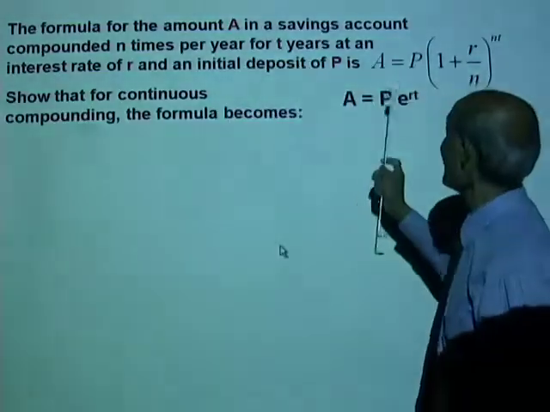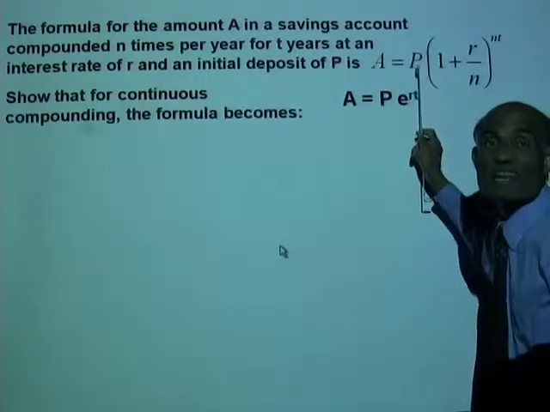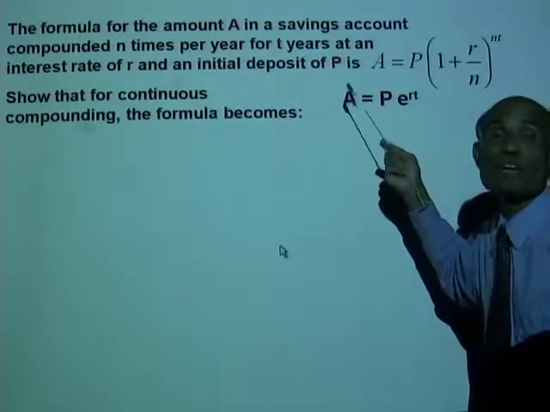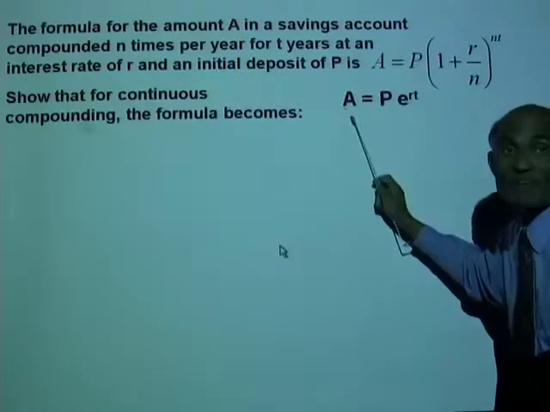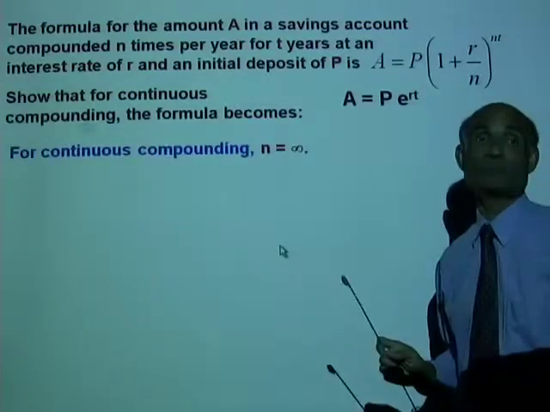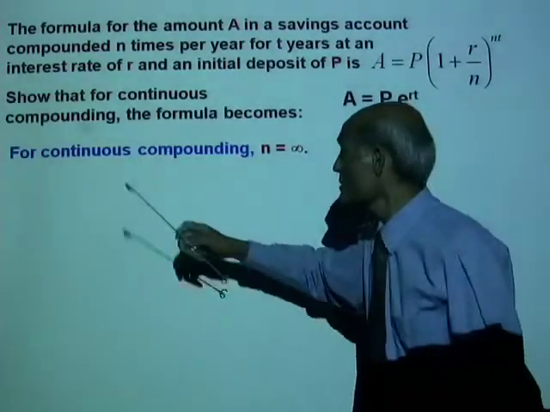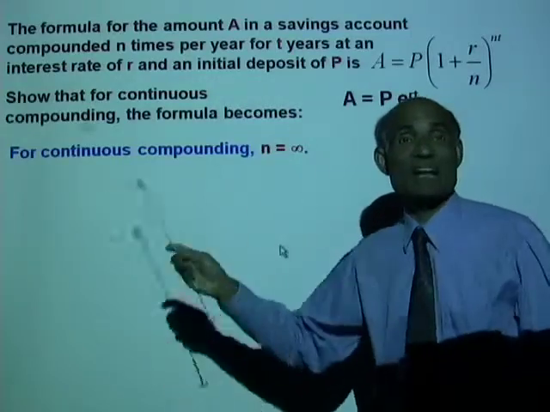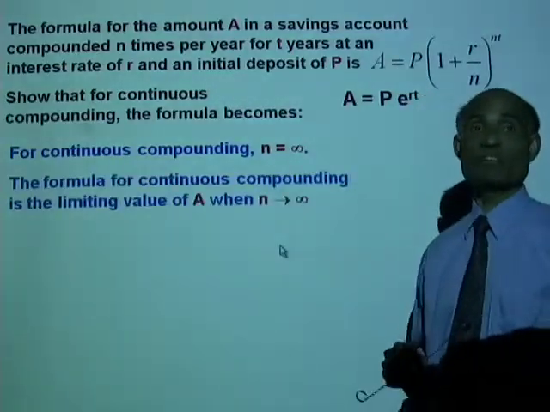So what we are required to find is the limit of this quantity when n goes to infinity. Show that that limit equals P e to the power of rt. So continuous compounding means n, the number of times the interest is calculated, is infinite.